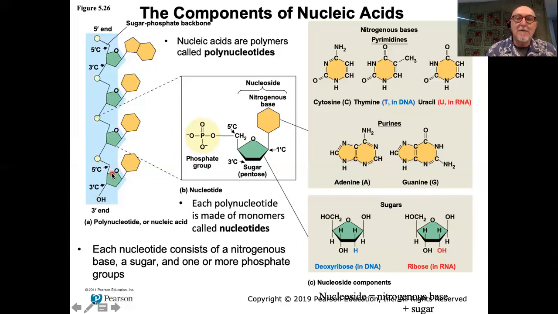So when we look at the polymer, we see a backbone, and it's alternating sugar, phosphate, sugar, phosphate, sugar, phosphate, sugar. If I wanted to add another nucleotide, I have to bring the nucleotide in and add it via the phosphate groups. We'll see in a while how it's done.